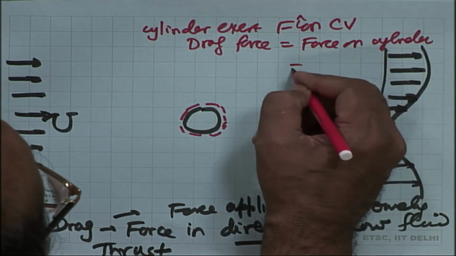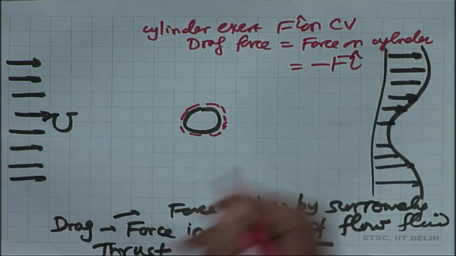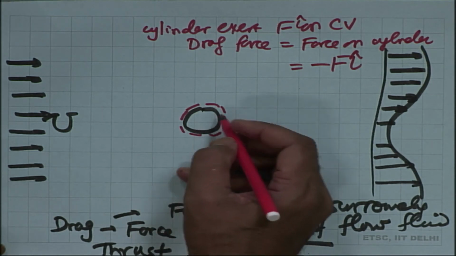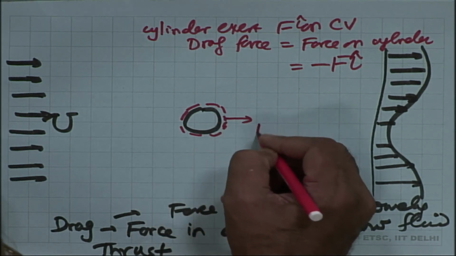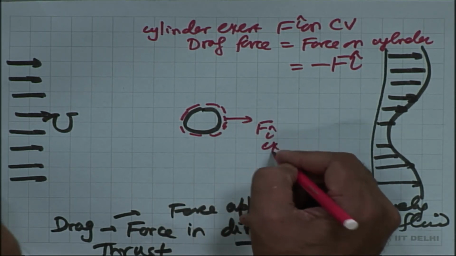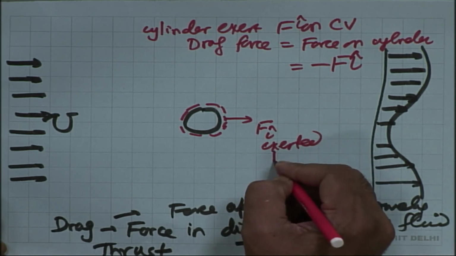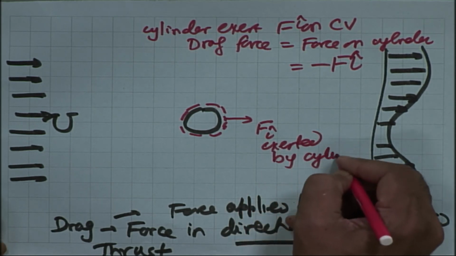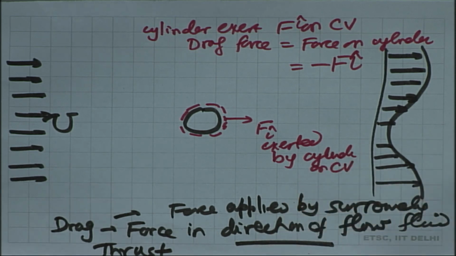So, this will be equal to minus F of I. So, on the control volume we say a force F of I is exerted by the cylinder on the control volume.